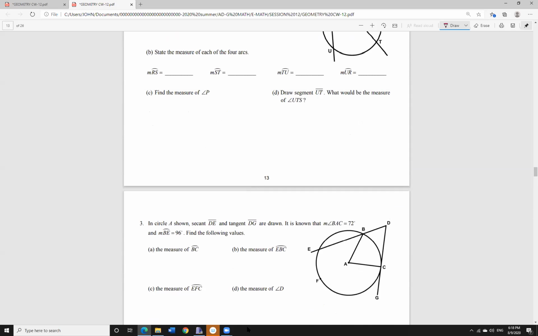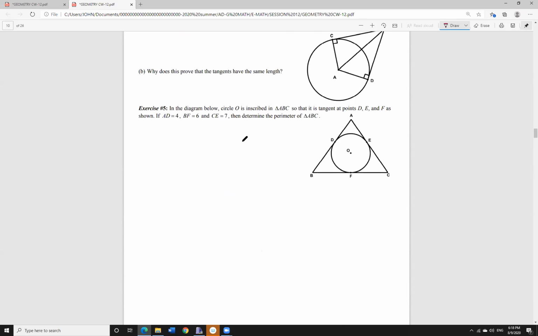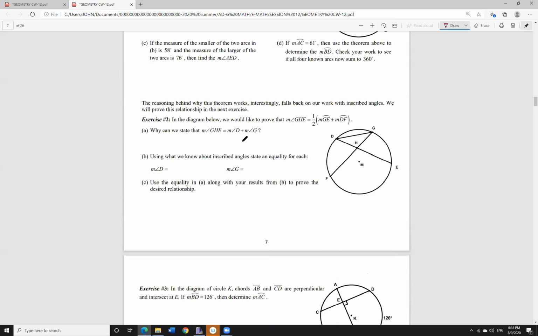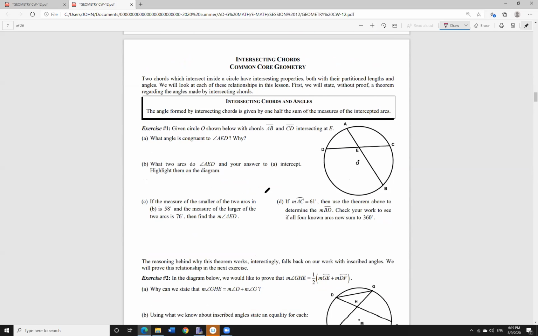The next one we are learning is the inside length of chords. Take a look over here, inside. Intersecting chords.